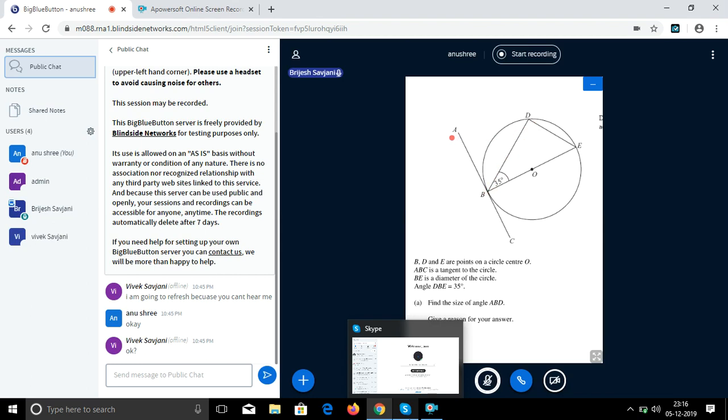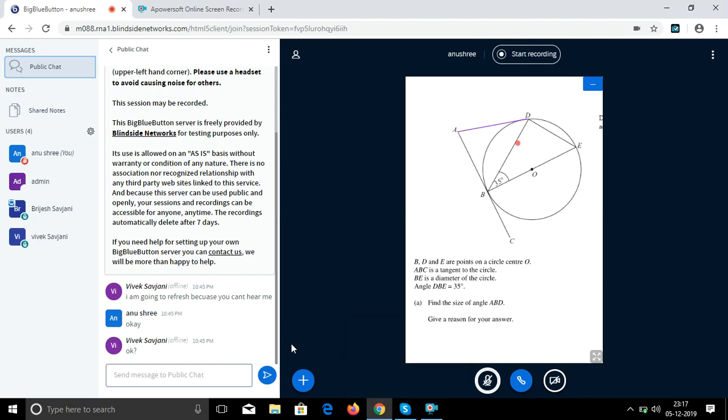Which angle is ABD? Is it this angle? You are now unmuted. Okay.